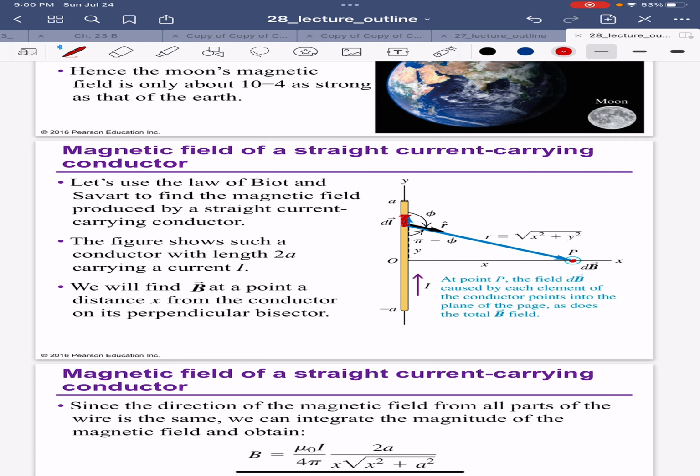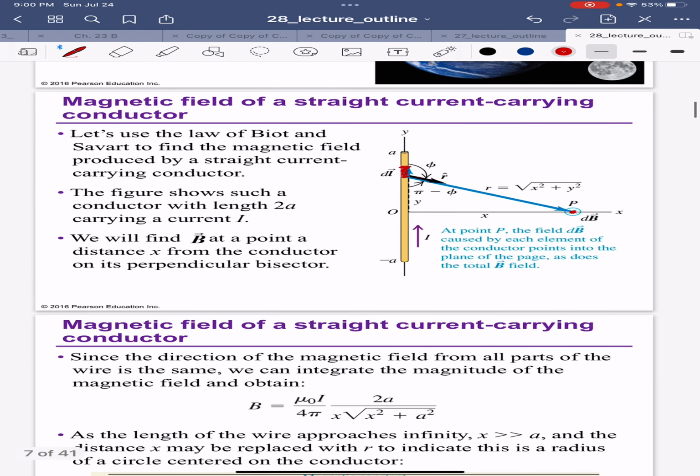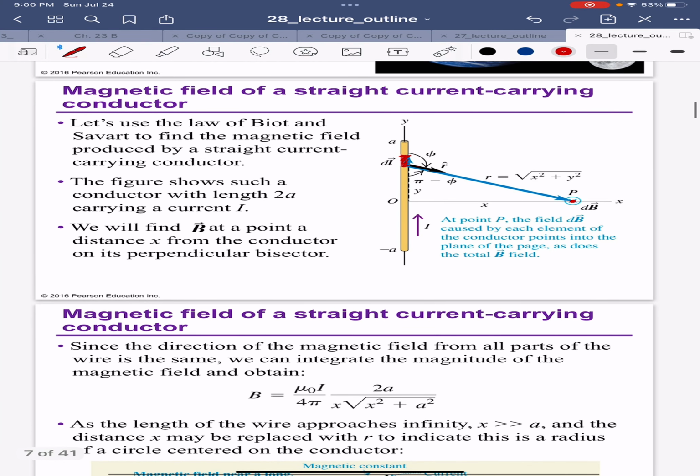Like at x from the origin. Now, since the direction of the magnetic field from all the parts of the wire is the same, we can integrate the magnitude of the magnetic field and obtain that B equals mu 0 I over 4 pi 2a x square root of x squared plus a squared.